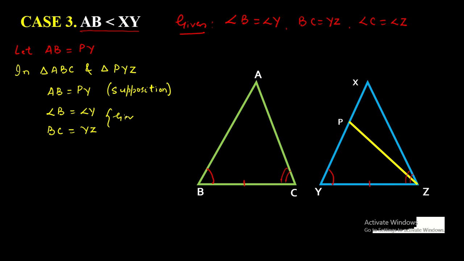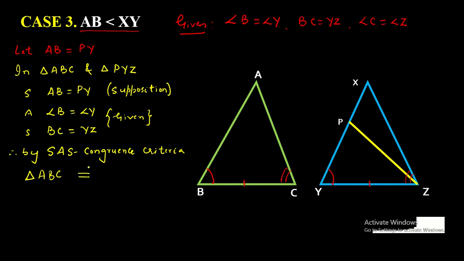Therefore, by side angle side congruence criteria, the two triangles are congruent. Triangle ABC is congruent to triangle PYZ. That means, again, angle BCA is equal to angle YZP.